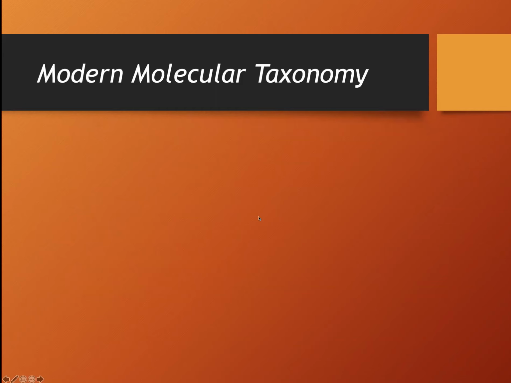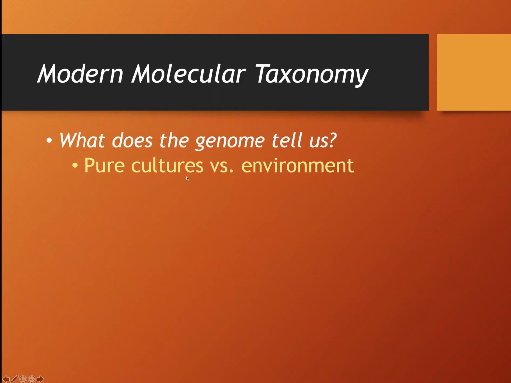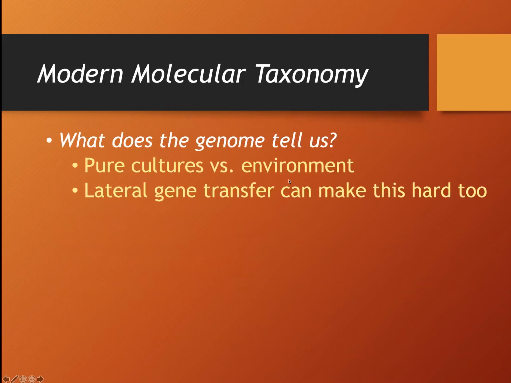All right. So when we look at genes or genomes, we need to think about it being in pure culture or in the environment. And we're going to talk a lot about that later during the course. But one of the other things we need to think about is the impact of horizontal gene transfer or lateral transfer.